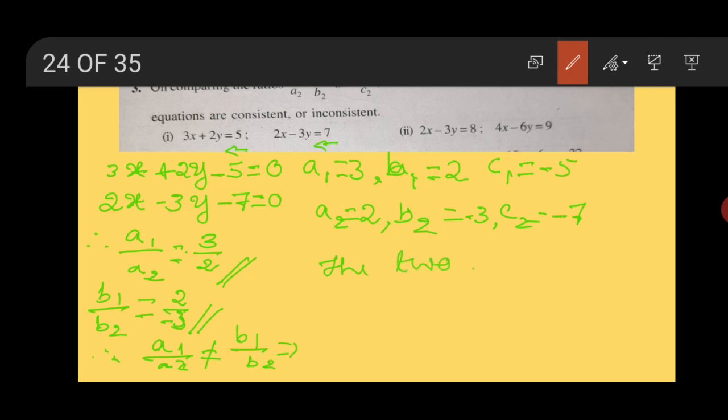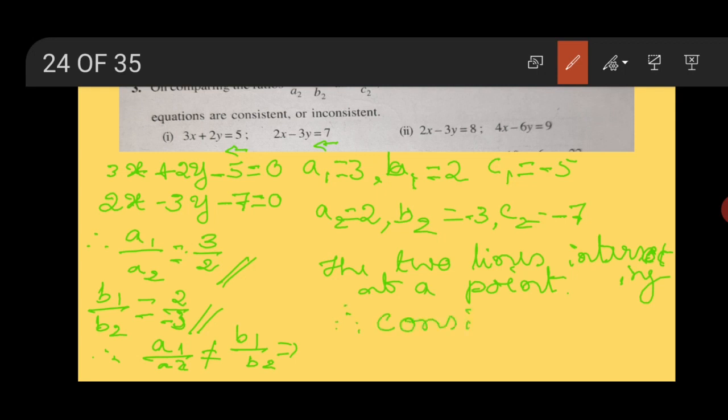Therefore, the two lines are intersecting at a point. Therefore, it has a solution. Therefore, these equations are consistent.